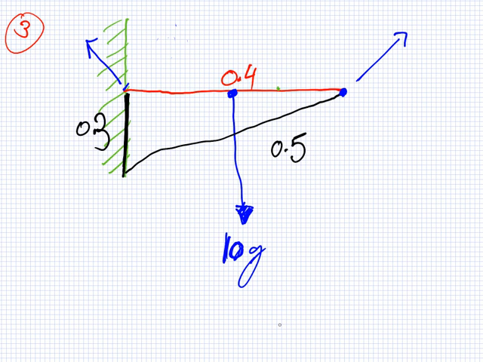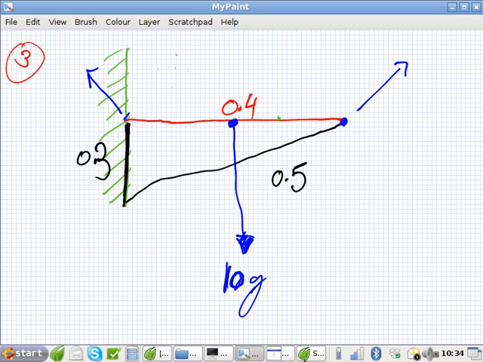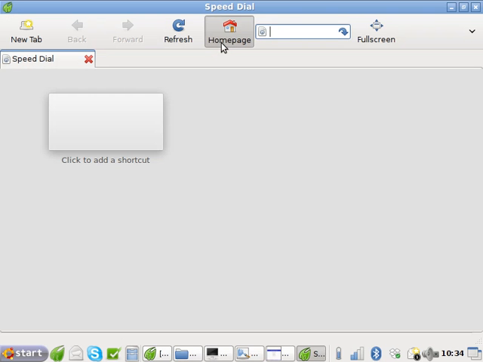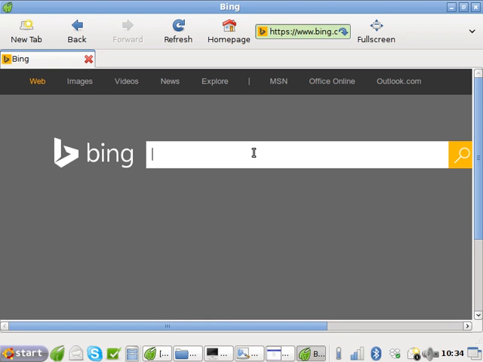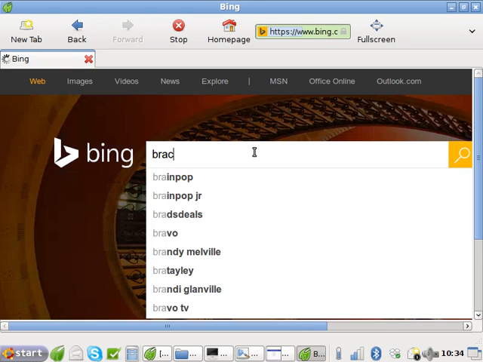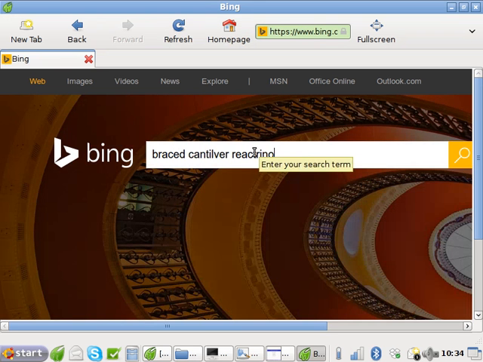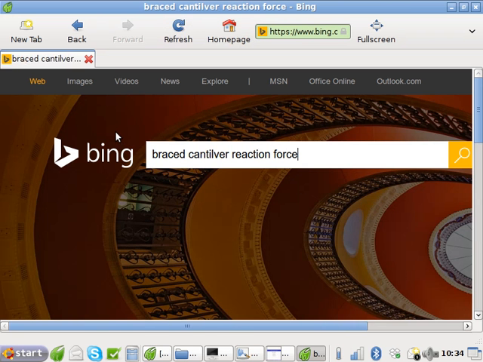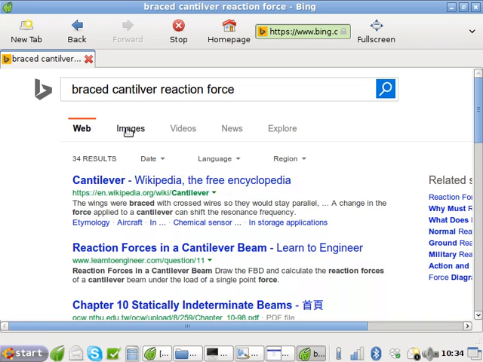Why? You're not happy with it. Here we go. Bing. Right. Braced cantilever reaction force. Ready? Go.